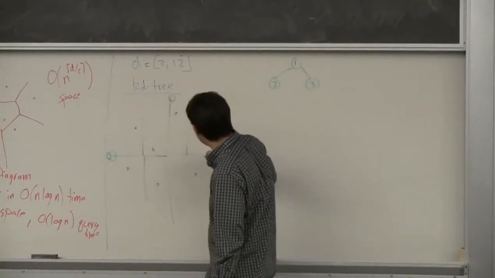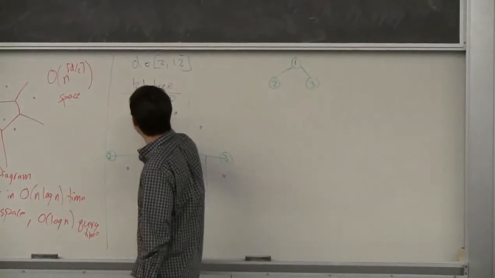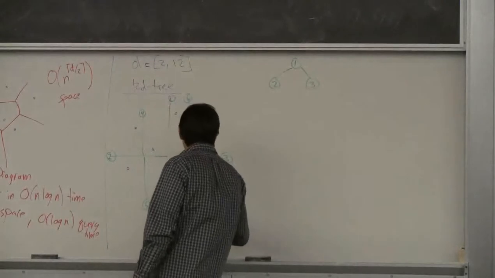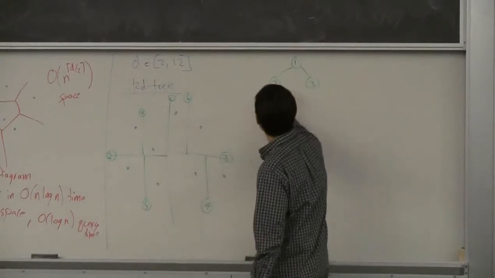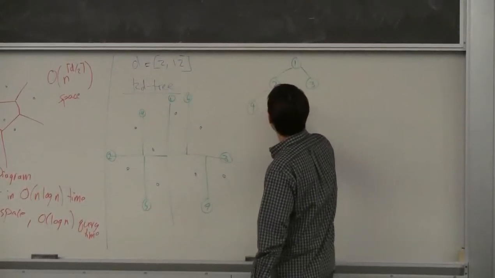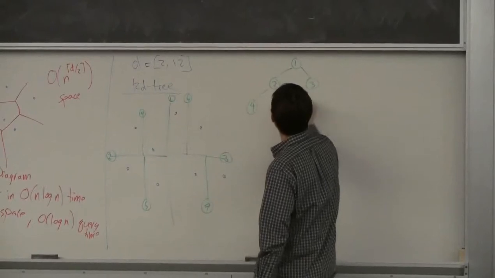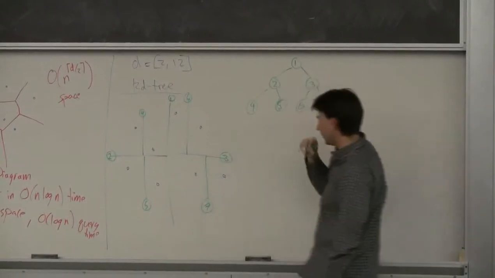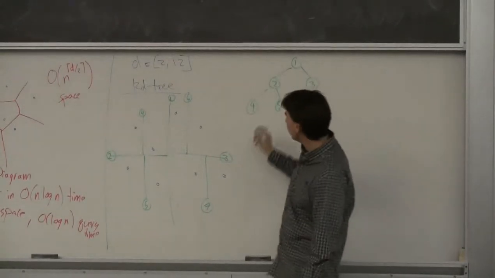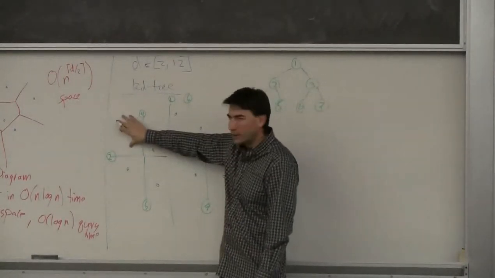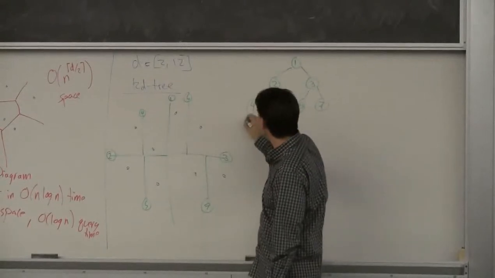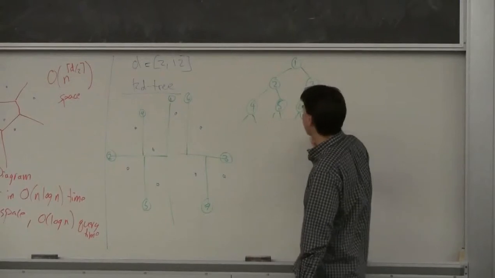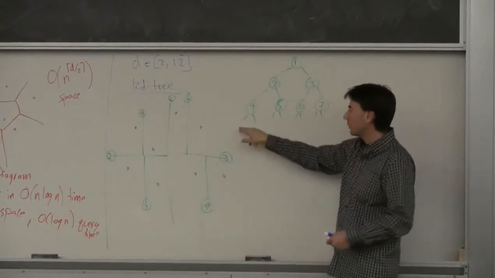So let's say this is 4, 5, 6, and 7, and these correspond with 4. So this quadrant here now corresponds to this edge of the tree, and each of these now corresponds with 1 point.